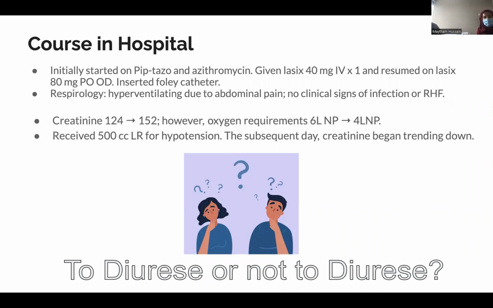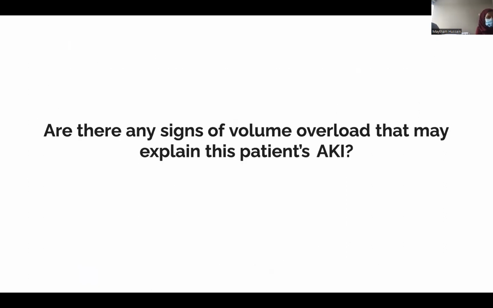And this case was, I think, especially confusing because respirology was not of the opinion that there was any component of heart failure contributing to her presentation, although her progressive shortness of breath began after her oral Lasix dose was reduced in the outpatient setting. This was when we were consulted for clarification of this patient's volume status and whether or not this may explain her AKI.